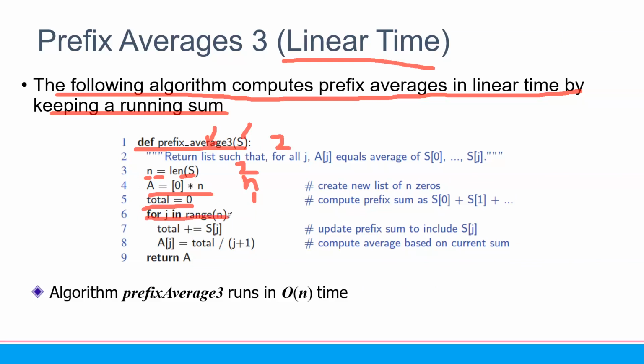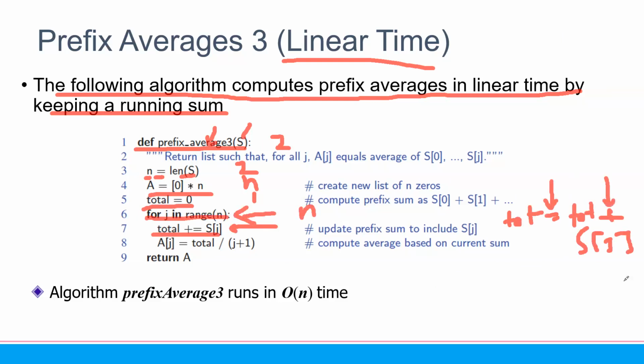Now we have this for loop. This for loop will run n times, and then total plus equal sj means total equals total plus sj. For this operation, it will give you one operation, two operations, and three operations. So it will be constant, so 3n.